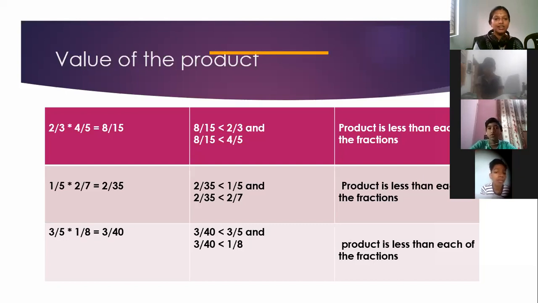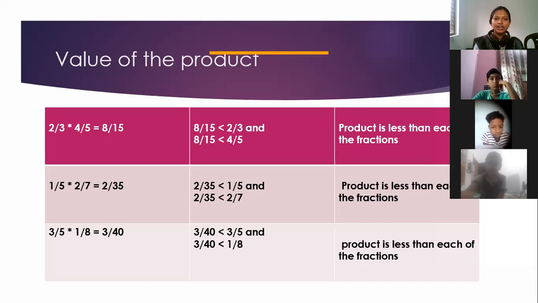And in the second column, we are comparing our result with both of the fractions. How will you compare the result with the other fractions? We are just checking which one is larger and which one is smaller. Is the result greater than the multiplied fractions, or are the multiplied fractions greater than the resultant fraction?